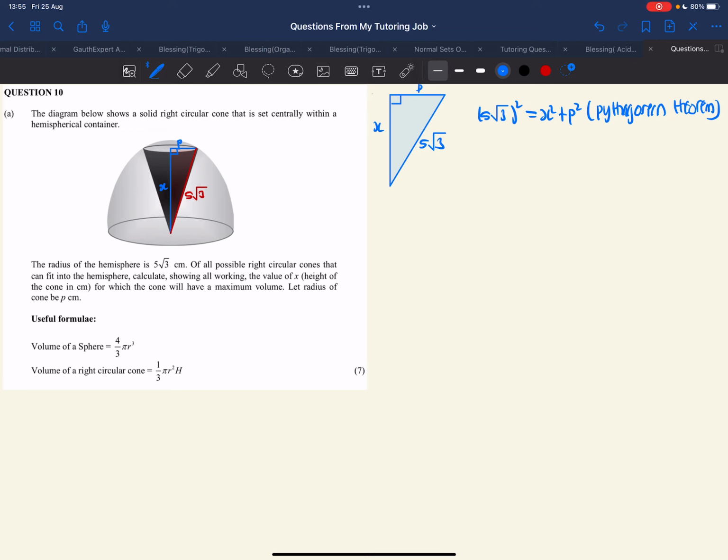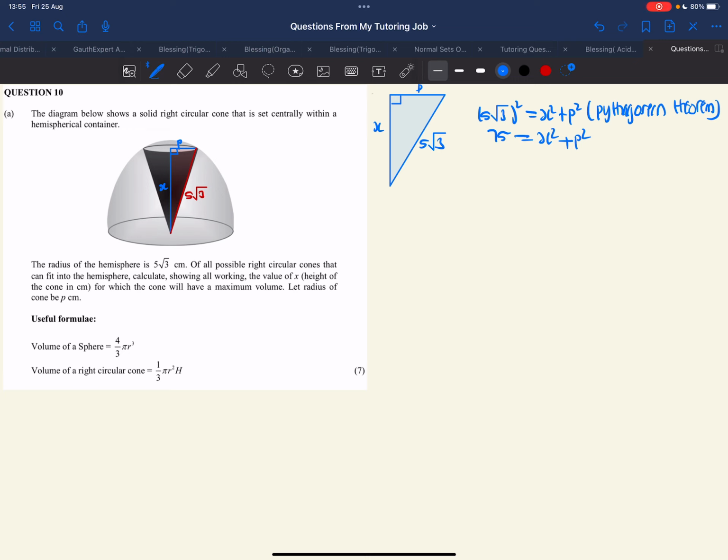Alright, so we're going to use the theorem of Pythagoras. And then if we put 5 square root 3 in, squared, we basically get 75 equals x squared plus p squared, right?